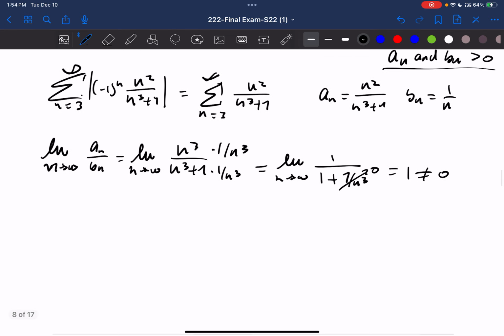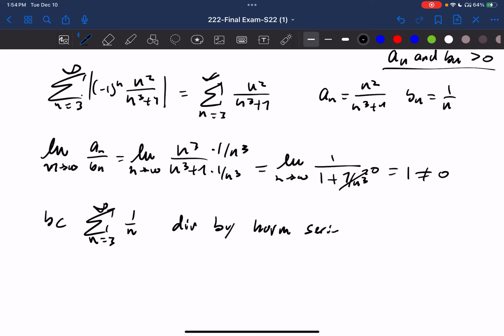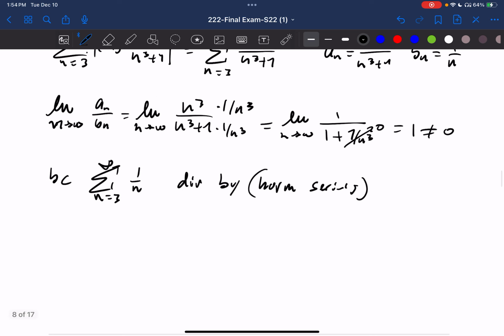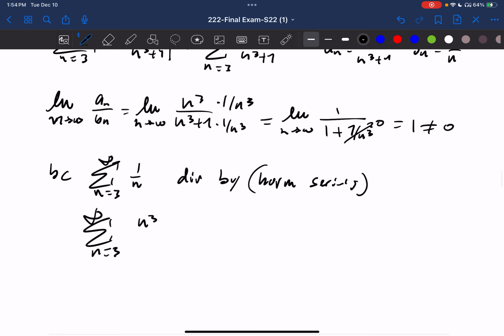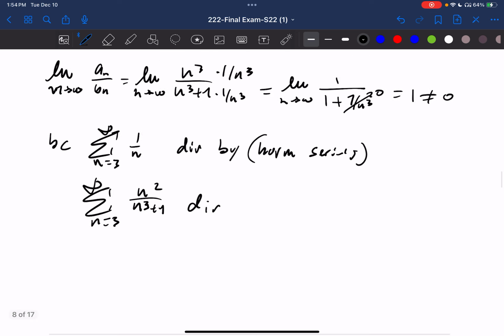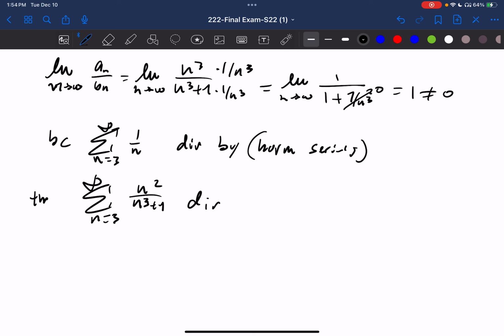So by limit comparison test, because 1 over n diverges by harmonic series, the series with n squared will also diverge by limit comparison test.